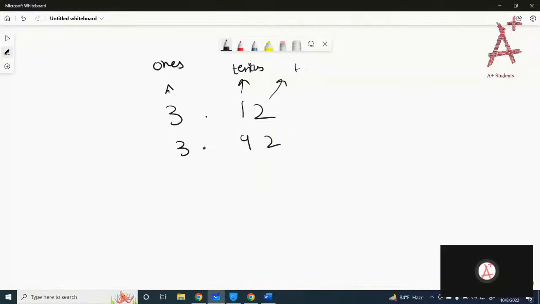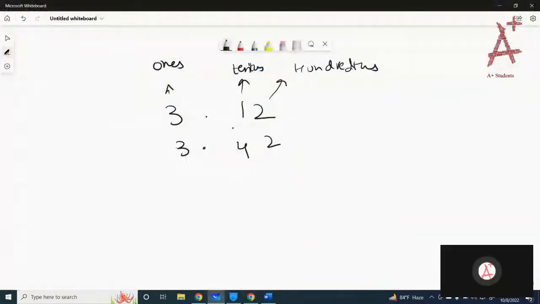And this is at the hundredths place. Just compare the highest place value. So 3 is at the highest place value. So for both of the numbers, the 3 is equal. Now just compare 1 and 4. It's 3.42, I think, not 9. Let me just confirm. Yes, it is 3.42.